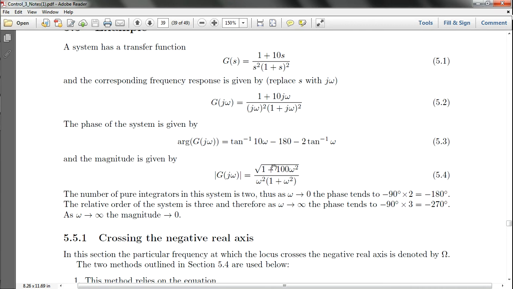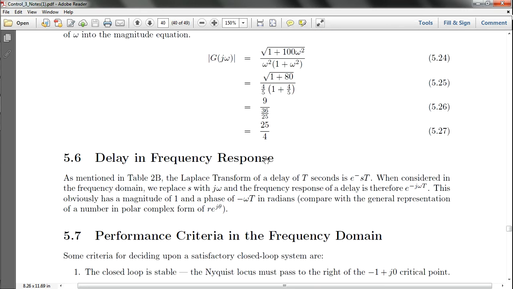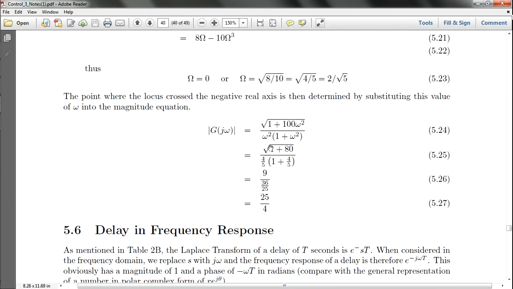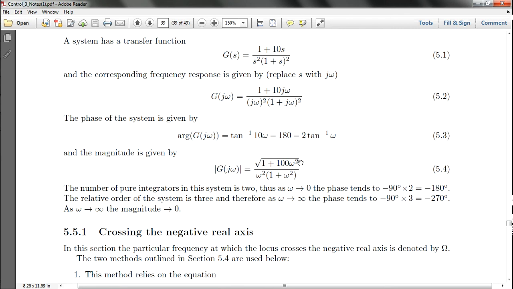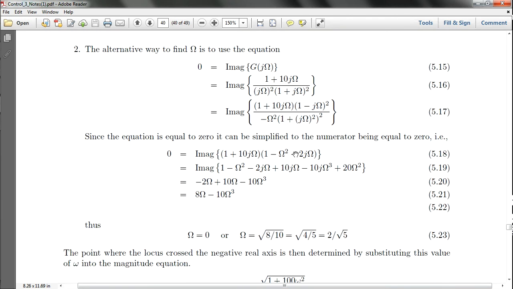This is the magnitude, so you just sub into the magnitude and you can get your real value. This is why we sub in over here. It's the same exact equation, totally the same equation that I'm talking about.